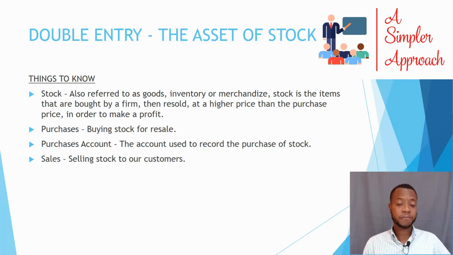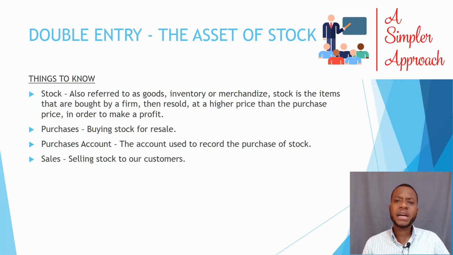What is stock? Stock, also known as merchandise, inventory, or goods, refers to the items that are bought by a firm that are ultimately resold at a marked up price in order to make profit.